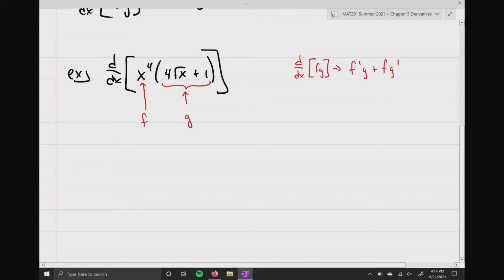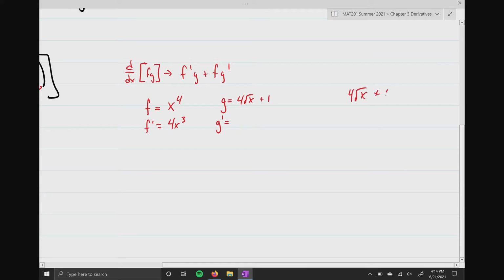So what I like to do when I'm learning this is I'm just going to label f is going to be x to the fourth, f prime is going to be 4x cubed, g equals 4 times the square root of x plus 1, and therefore g prime. Now remember, you got to take that square root of x and convert it.